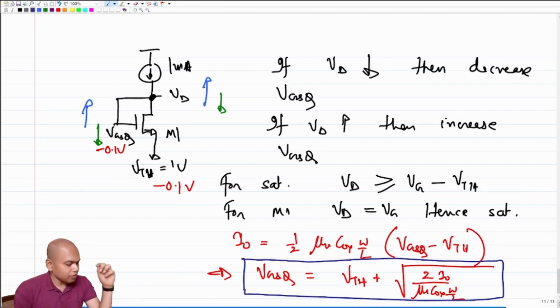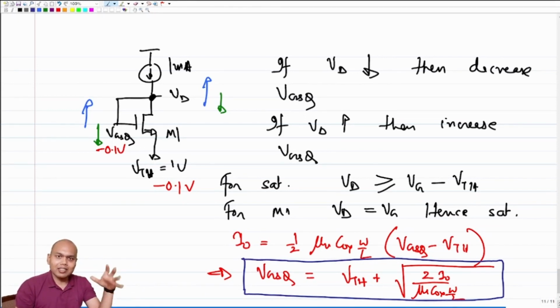be able to sink in that 1 milliamp current. And because it is always able to sink in 1 milliamp current, if we go back to our equations of transistor currents in saturation, if the current is constant, then naturally VGS minus threshold voltage is also constant. And since VGS minus threshold voltage is constant, if threshold voltage changes, VGS will have to change, right?